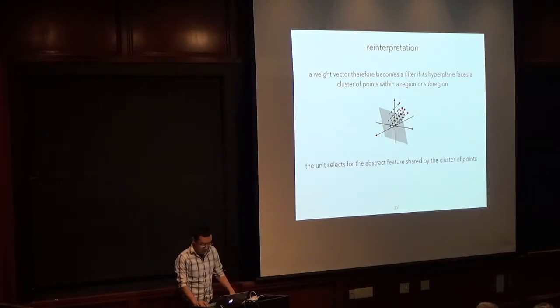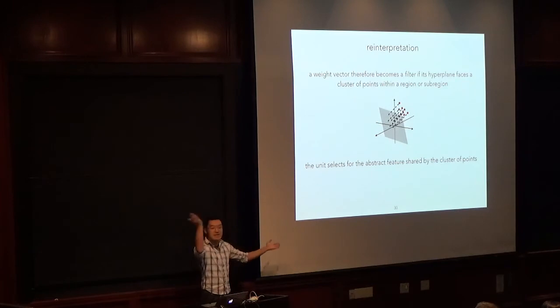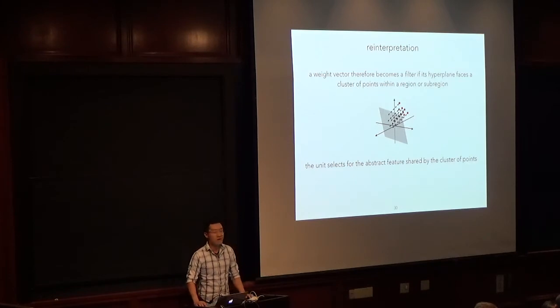So it helps you select for these abstract features of points. If you have multiple neurons, that is multiple hyperplanes, and they all have the same feature coordinates at this hidden layer level, that means all the neurons activate the same way for these points. That means they tend to be clustered together as calculated by this bunch of hyperplanes.